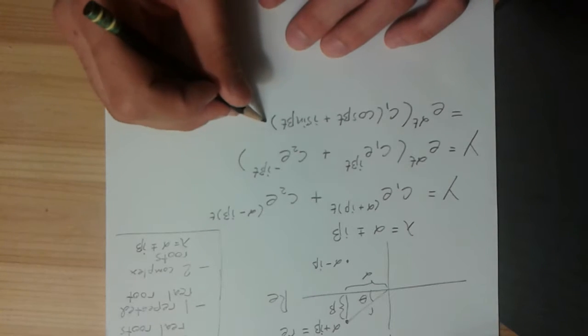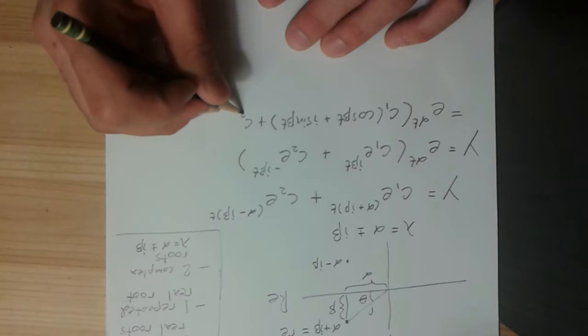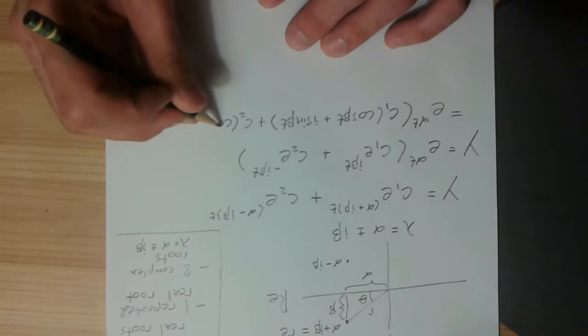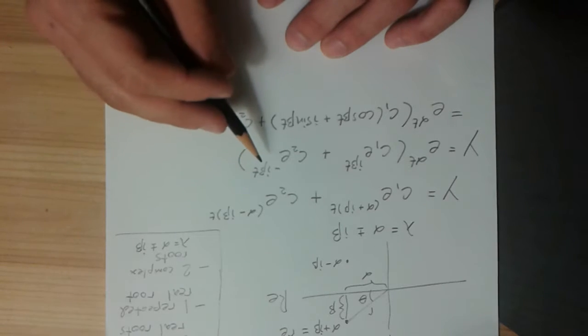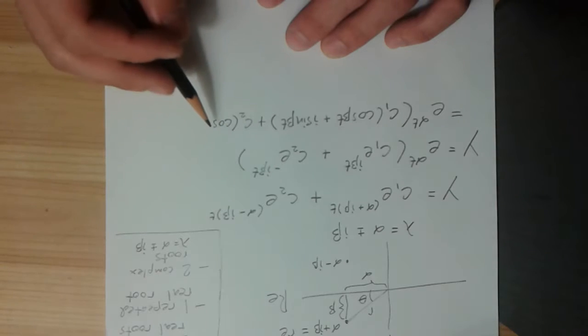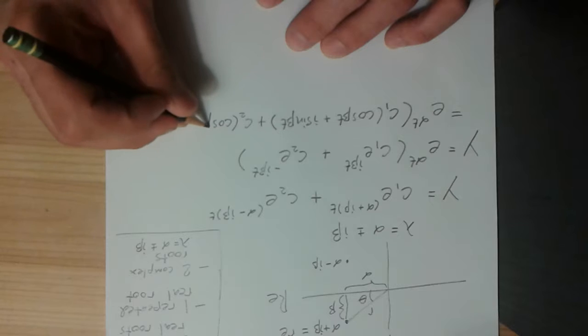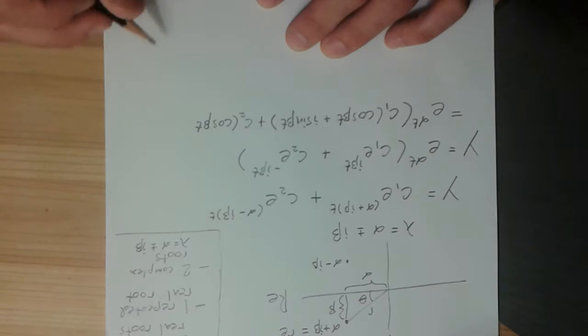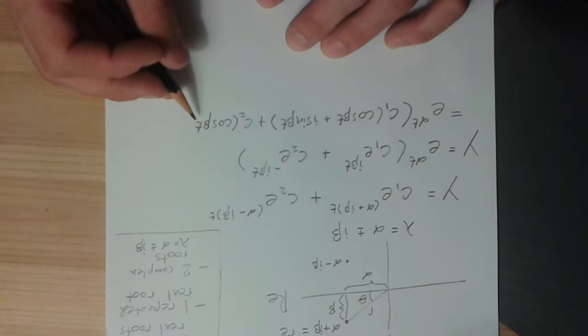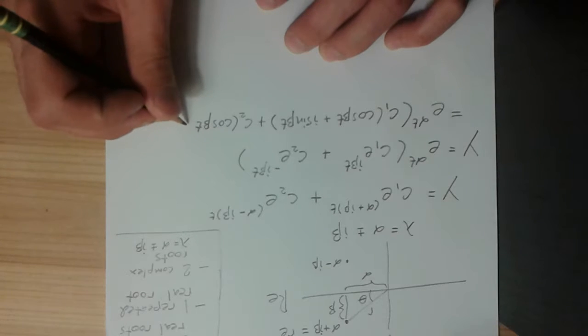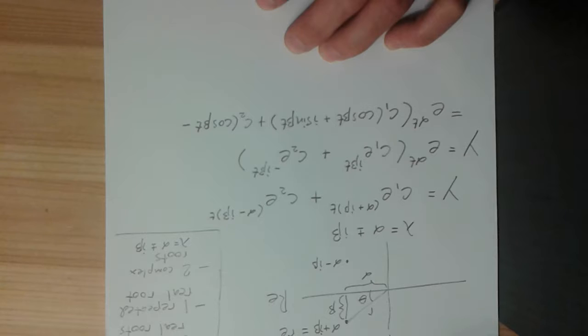And over here we have c2 times cosine of negative beta t. But since cosine is even, I'm just going to skip a step and say this is just cosine of beta t, because negative signs don't matter with cosine. With sine, however, sine is odd, so the negative sign can just come out.